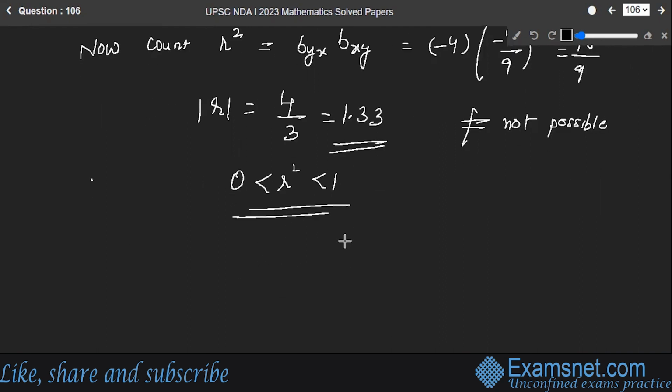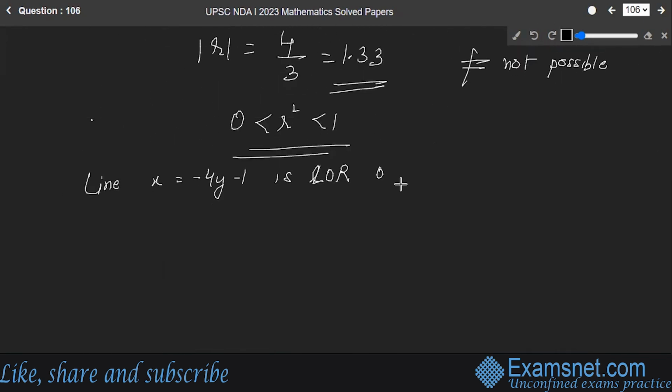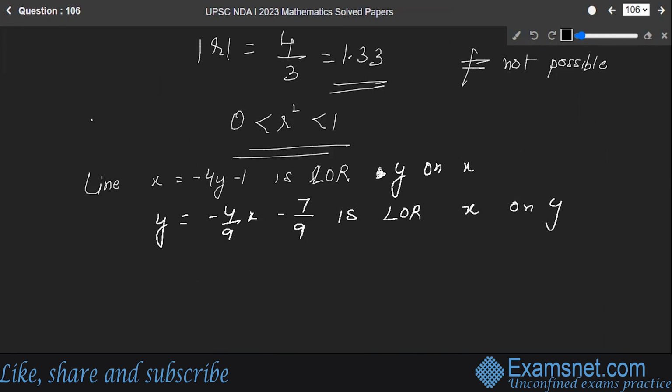Hence the opposite will be true, that is line x is equal to minus 4y minus 1 is the line of regression of y on x, and y is equal to minus 4 by 9x minus 7 by 9 is the line of regression of x on y.